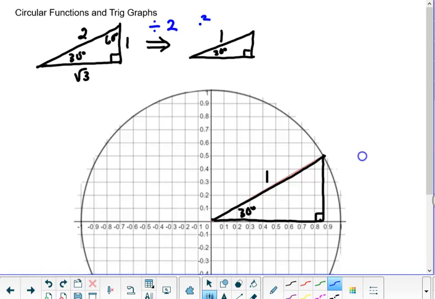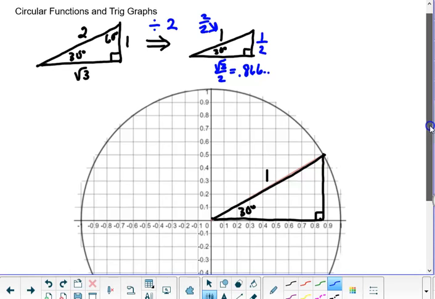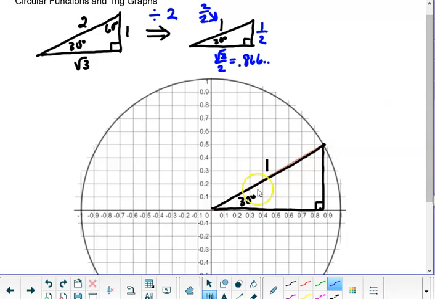This would give me 2 divided by 2, and that would give me 1. Then this side would have to be 1 divided by 2, which is 1/2, and this side would have to be the square root of 3 divided by 2, which is approximately 0.866. So if we were looking at this triangle here, if the hypotenuse is 1, we would expect the opposite side, or the vertical side, to be 1/2, and it is.